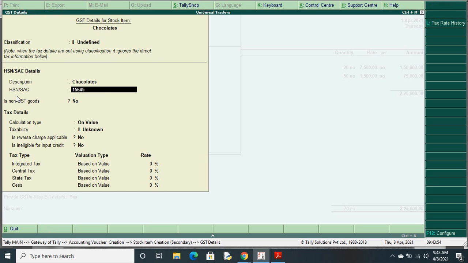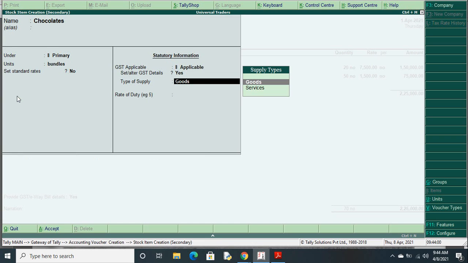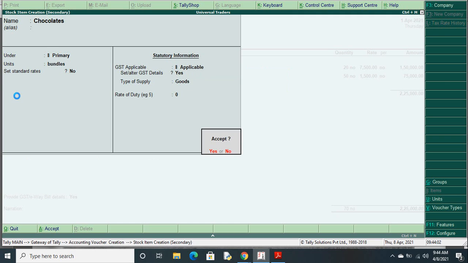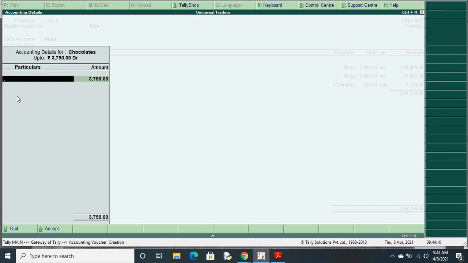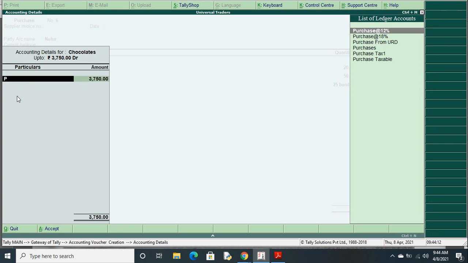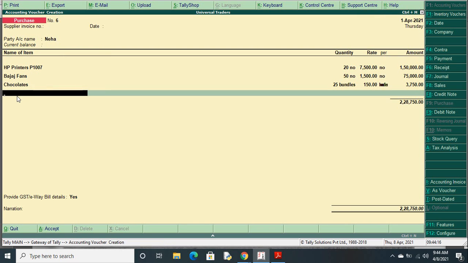Chocolates, some HSN number, taxable, they are also 18%. Goods. I am going with 25, 150. This one also again it will ask purchase at the rate 18%. For every item you have to select that 18%, 18%, 18%.